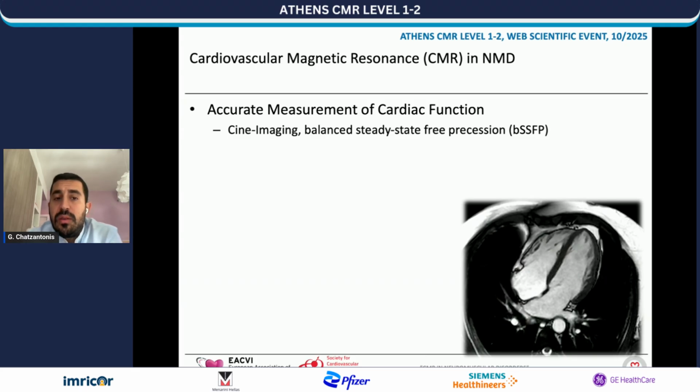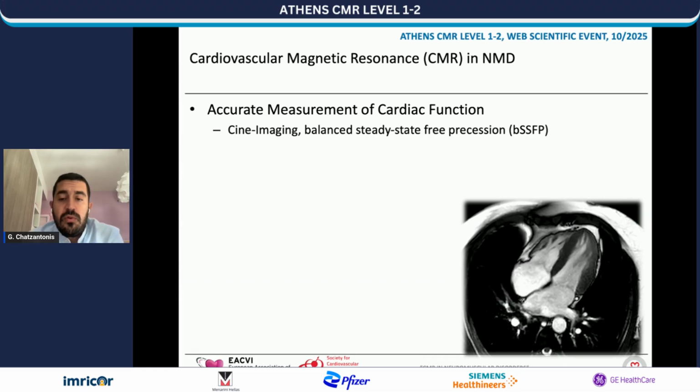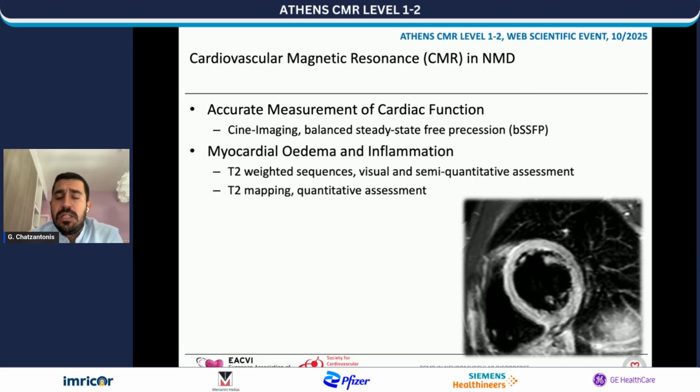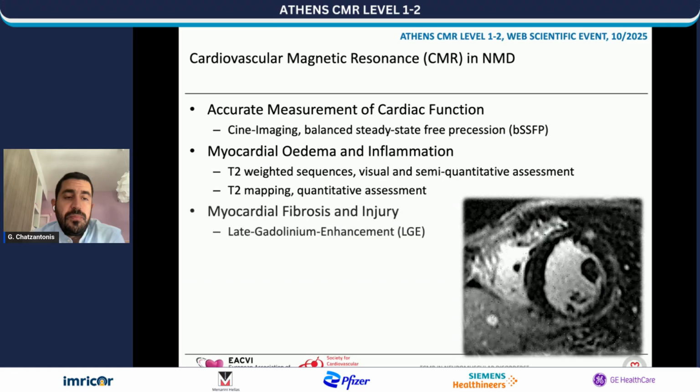And this we can do with accurate measurement of the cardiac function, cine imaging, balanced steady-state free precession. It's of course important for the volumetry. Myocardial edema assessment and inflammation, the T2-weighted sequences, we can evaluate at first visually and semi-quantitatively, but also with T2 mapping, a quantitative assessment that, if we do a follow-up, the mapping can help us identify small changes and help early detection.